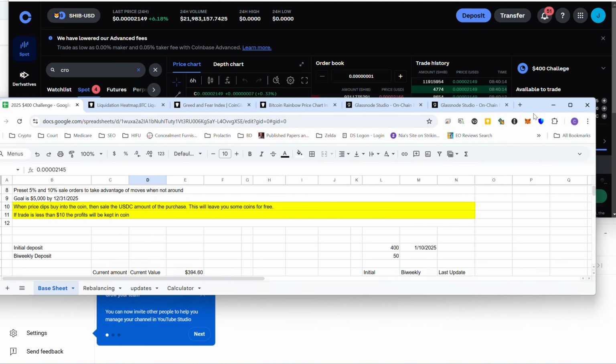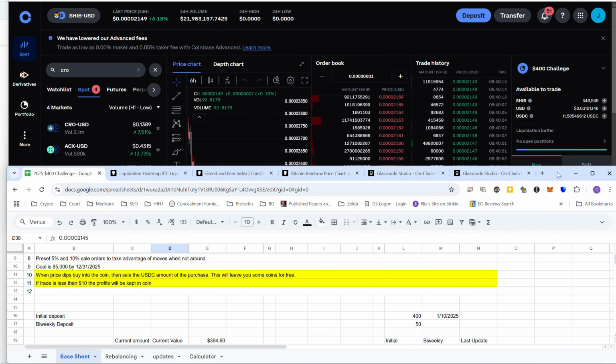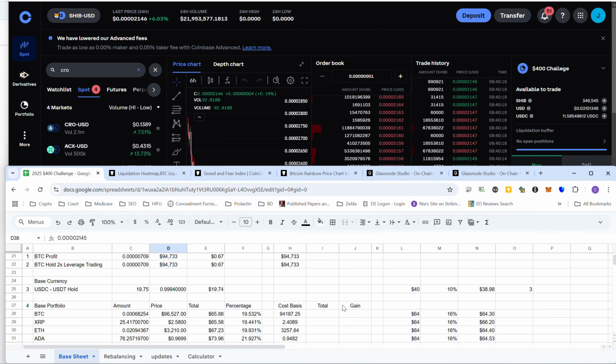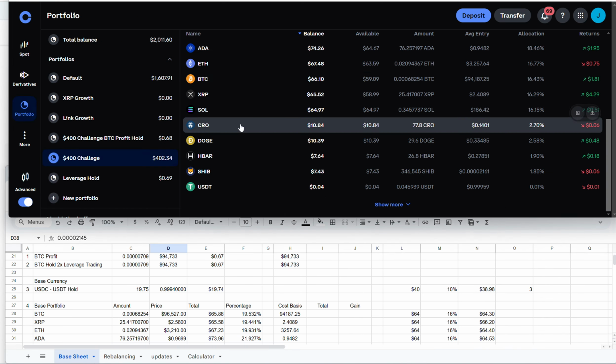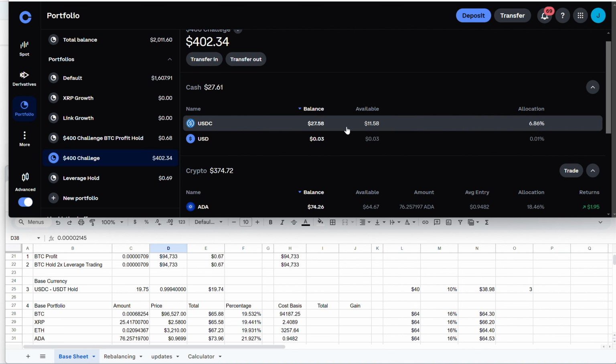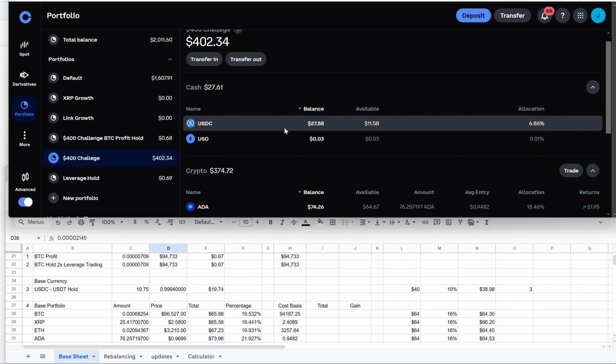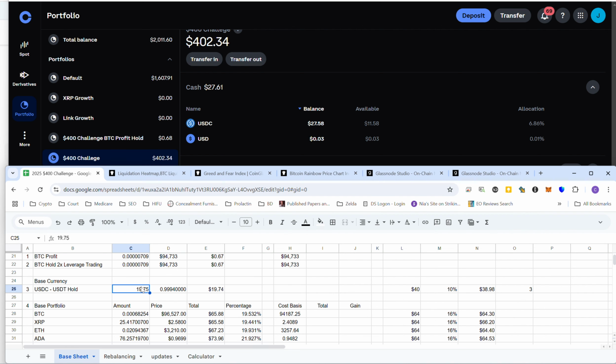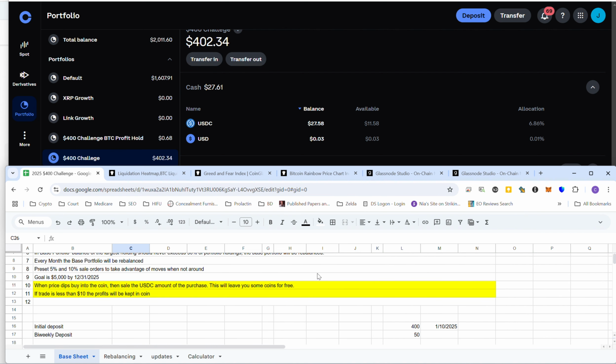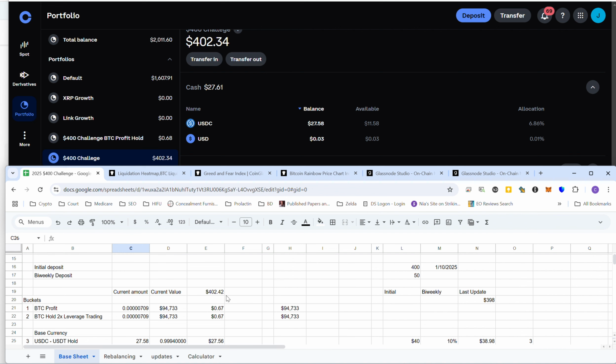We have more than $19 now because we had those trades execute. So we have a balance of 27.58. There we go. And now we have a total of 202.34.